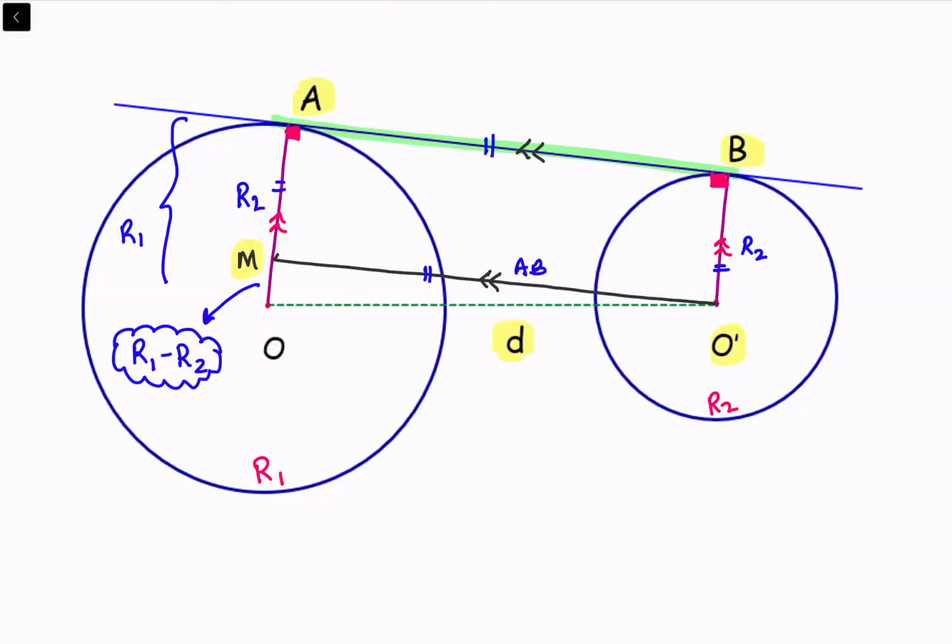And here we'll concentrate on this particular triangle. Also, in this parallelogram, one angle is 90 degrees. So this particular figure is nothing but a rectangle. So this angle will also be 90 and this angle is 90 degrees.